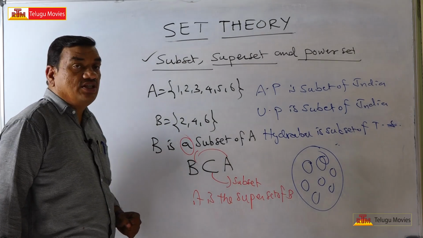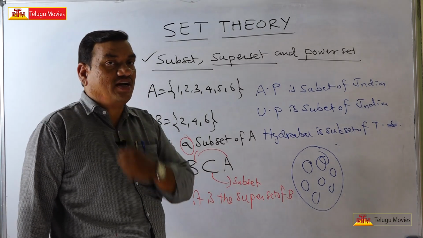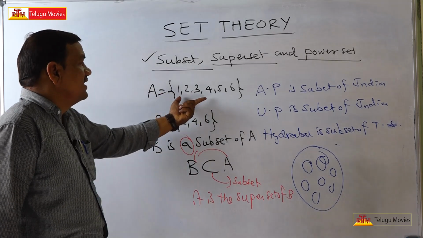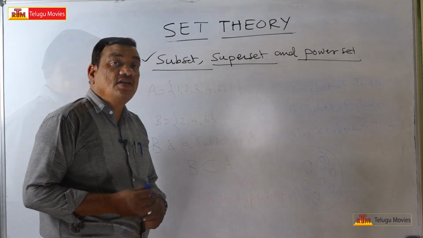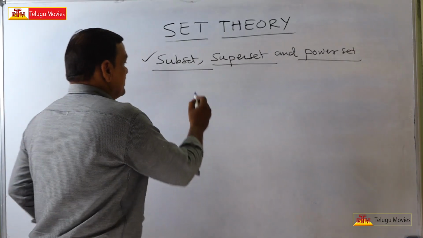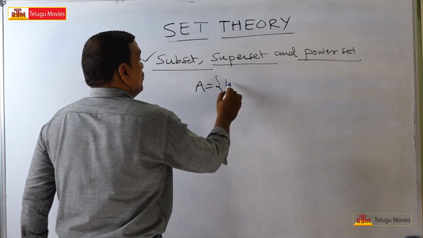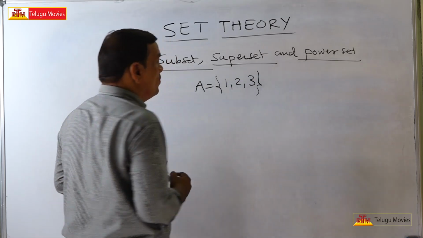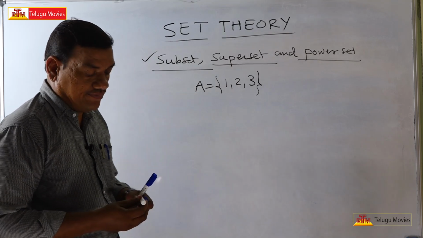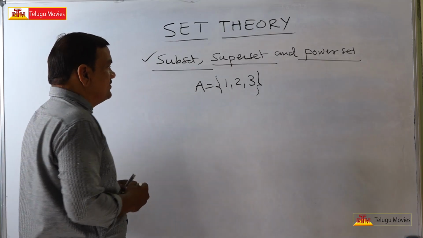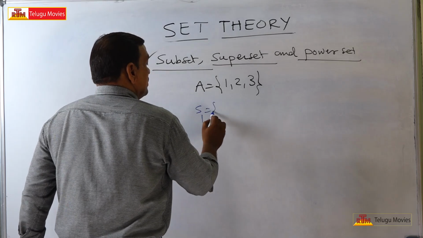Now we are going to see how many subsets we can write down for a given set. For example, A is equal to {1, 2, 3}. Now let us try to write all the subsets of A. Let us call the first subset S1 is equal to {1}.